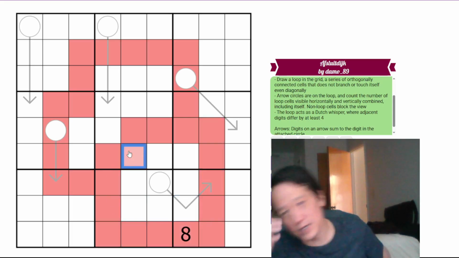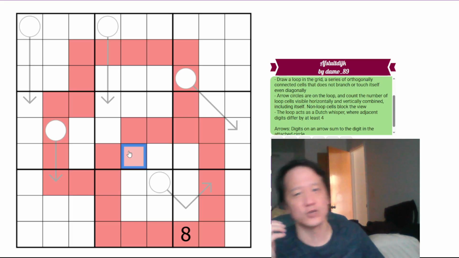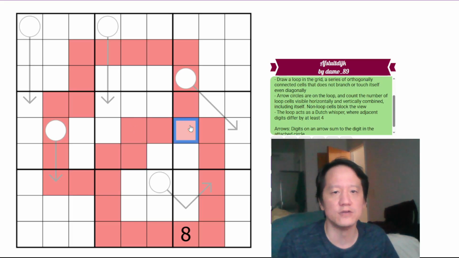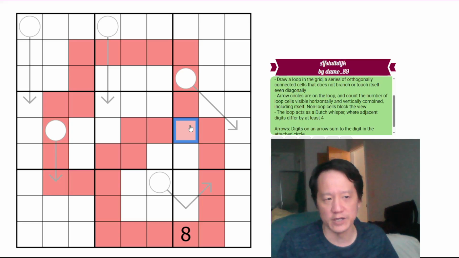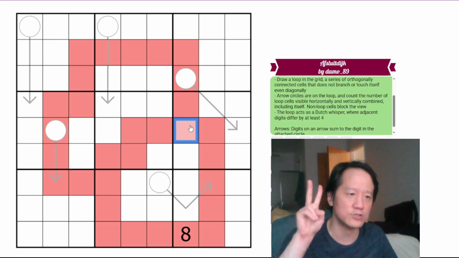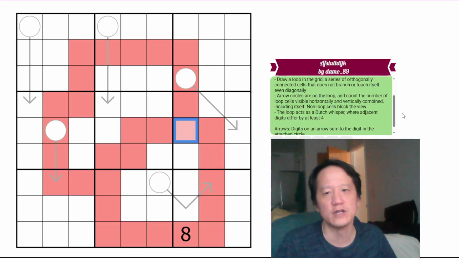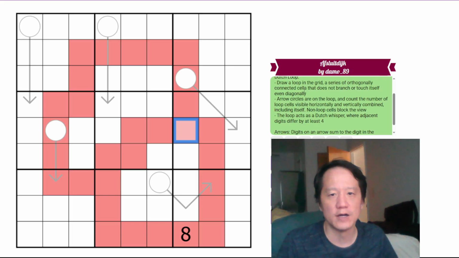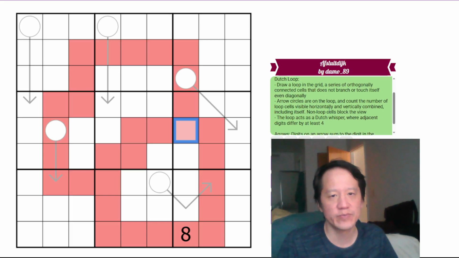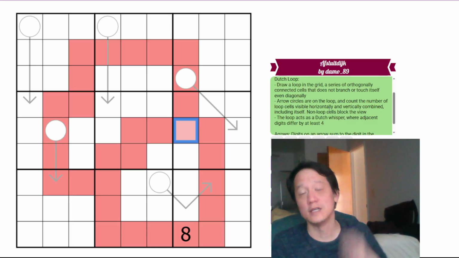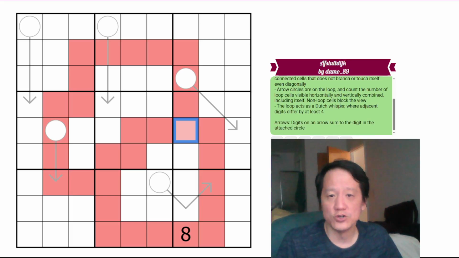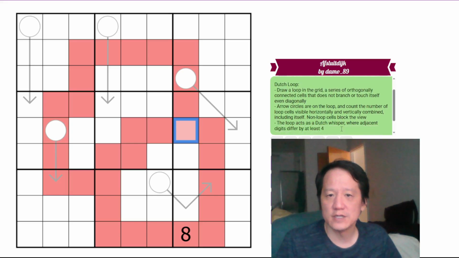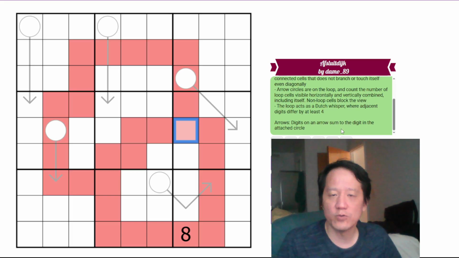Basically, the way I'd like to describe a loop is that every cell on the loop must share an edge with two and exactly two cells on the loop, and then you can say whether they can touch itself diagonally. That's the way I would phrase loops in Sudoku. Anyways, that's how we have things on the Dutch loop.